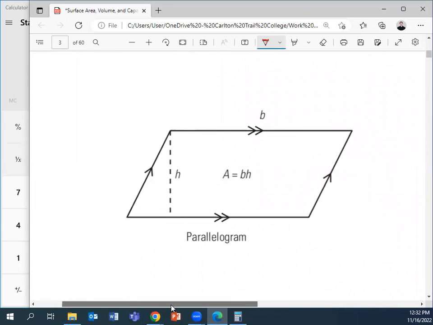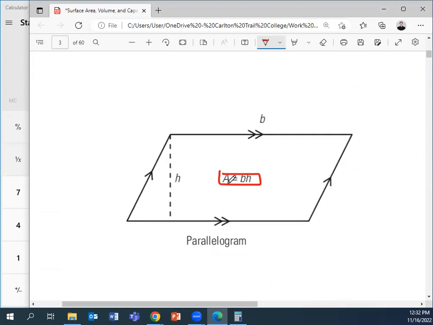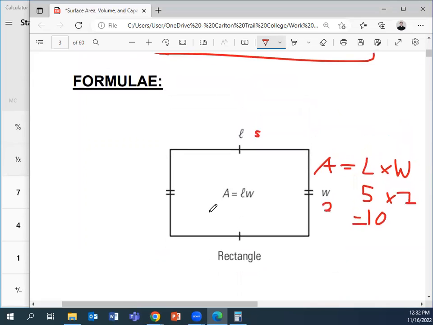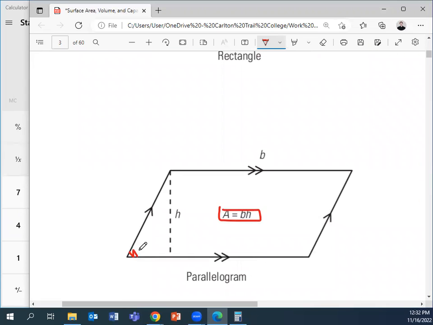For a parallelogram, this one tends to confuse a lot of students, so take a look at what I'm doing here. You don't do this on your sheet, but the parallelogram is the exact same formula as a square, technically base times height, right? It's how long it is times how high it is. The reason that's the case is, if I color all this little part in here, as best I can with my mouse, it's not very elegant, but if it works, it works.